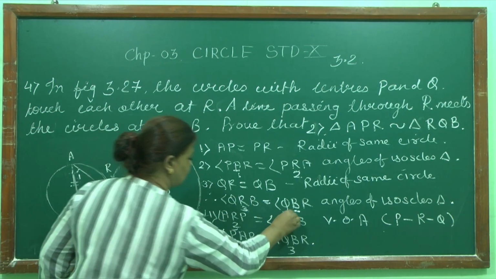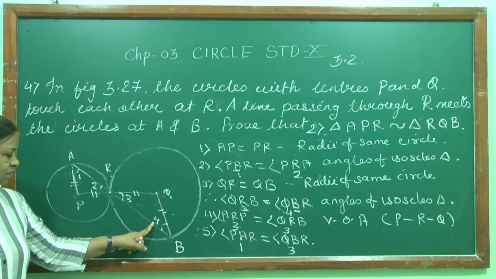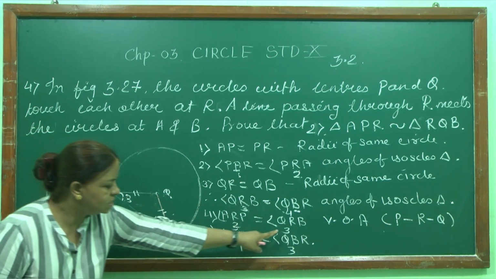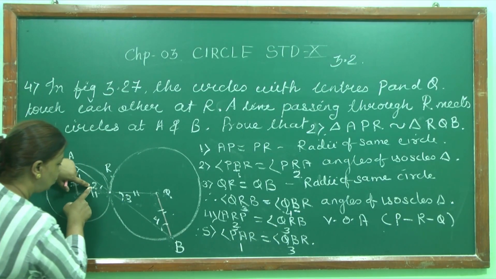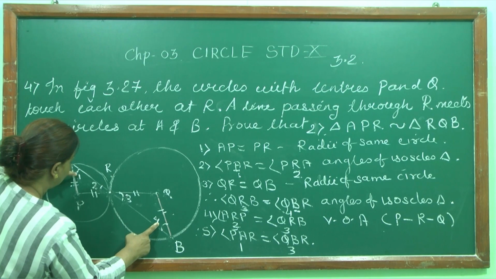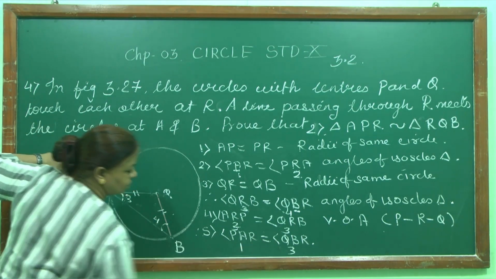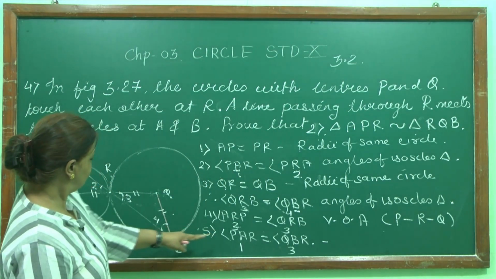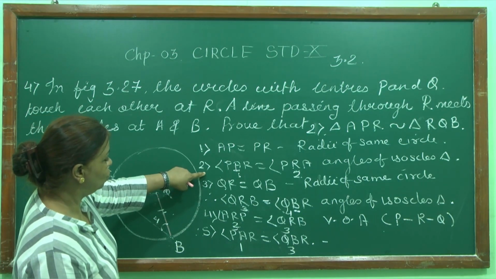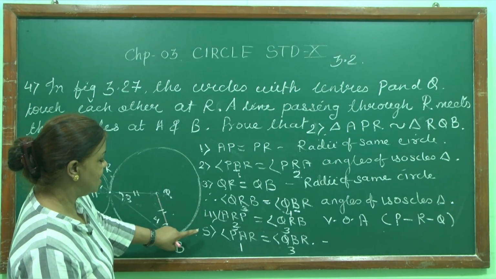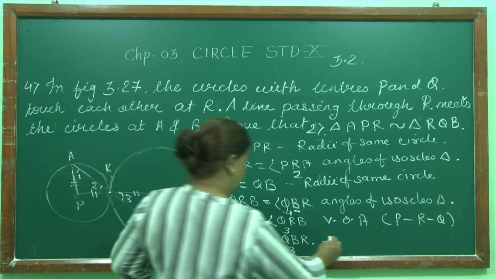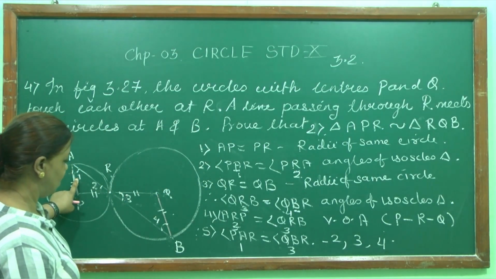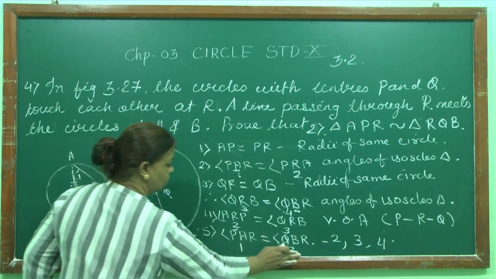Third angle is equal to fourth angle, and second angle is equal to third angle. See, 1 is equal to 2, 2 is equal to 3 and 3 is equal to 4. So what about 1 and 4? We got this from 2, 3 and 4. So 1 will be equal to PRA will be equal to QBR, that is 4.